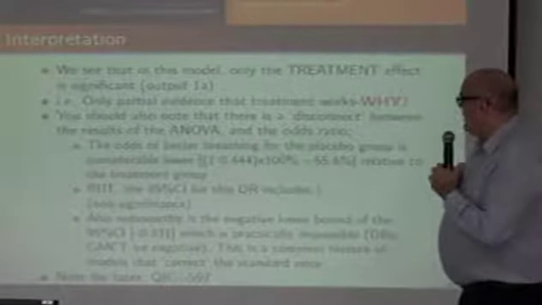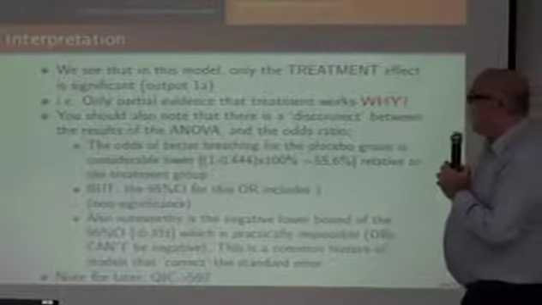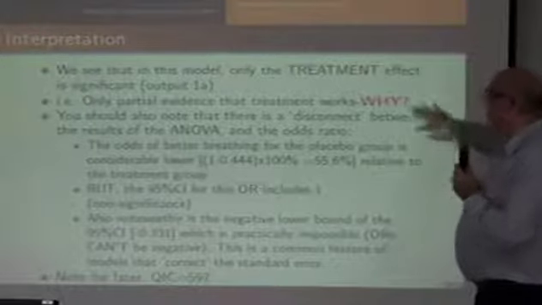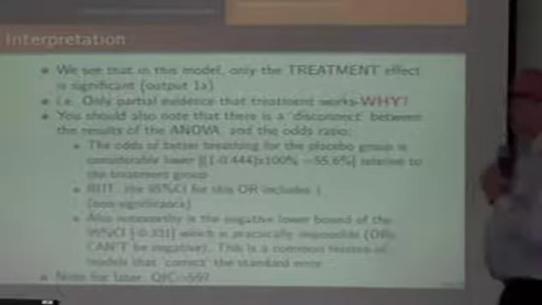Okay, so as I've already said, we can see in this model that only the treatment effect was significant. Only partial evidence that the treatment works. Why? It's that time effect. But the fact that the main effect was significant is, I guess, good news.